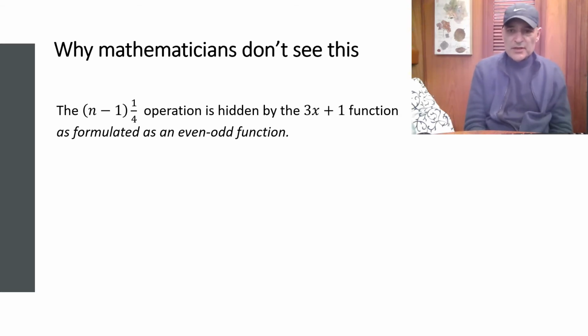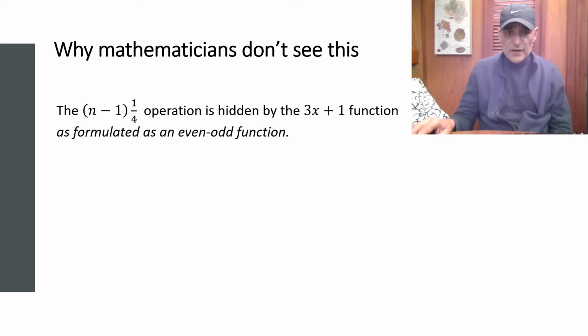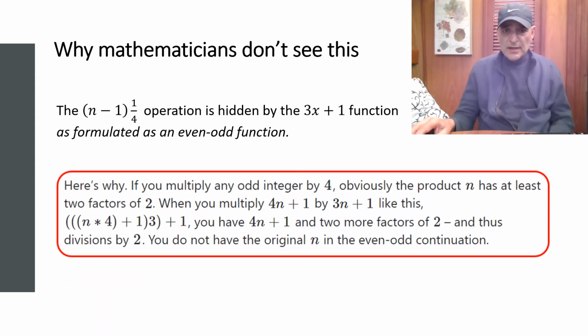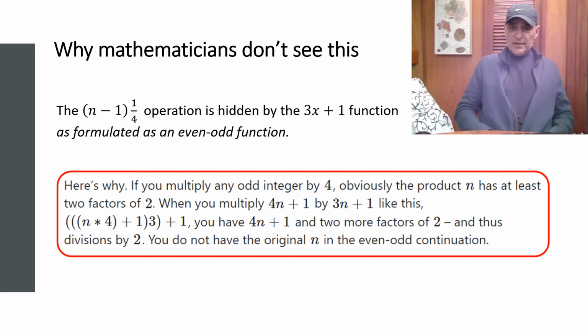So why don't mathematicians see this? Well, the n minus 1 divided by 4 operation is actually hidden pretty comprehensively in the 3x plus 1 function. It's as if it doesn't exist, and this is because it's formulated as an even-odd function. Well, this is what I'll try to explain. So if you multiply any odd integer by 4, obviously the product has at least 2 factors of 2, regardless of what the original number is.